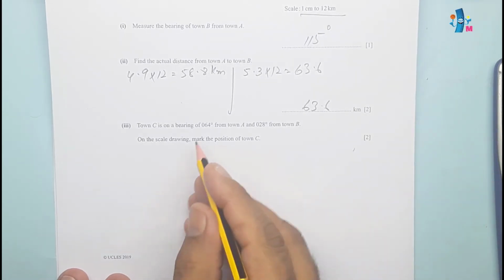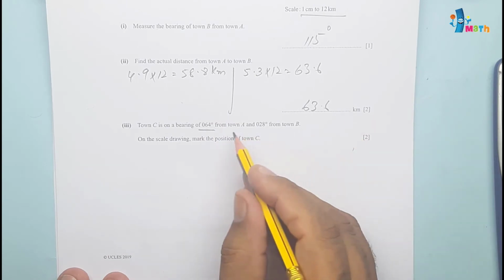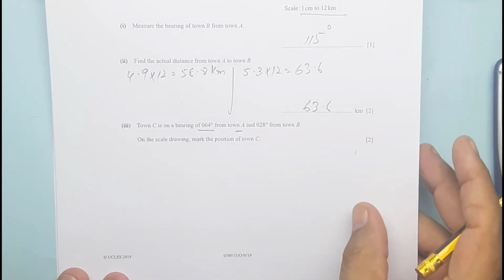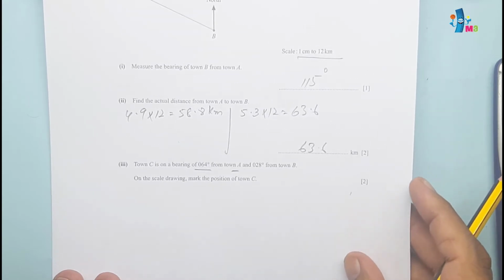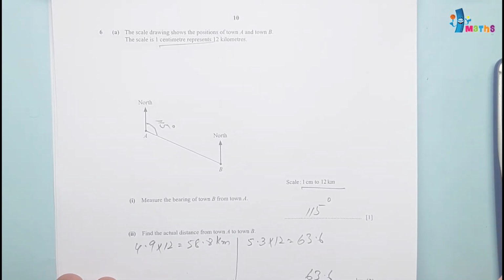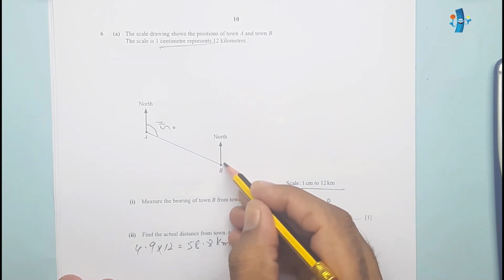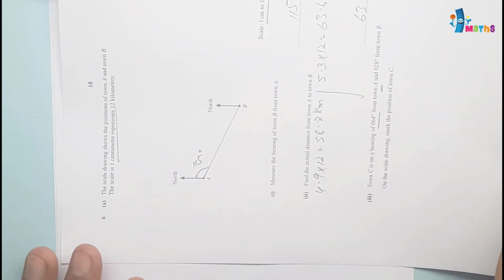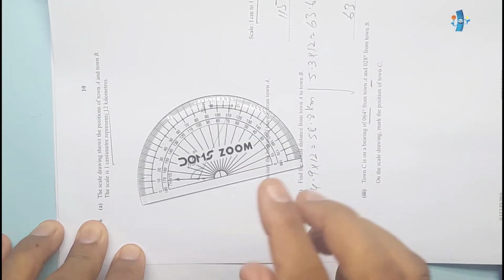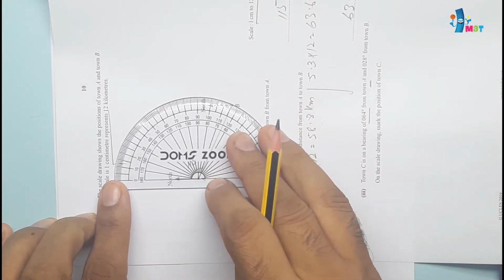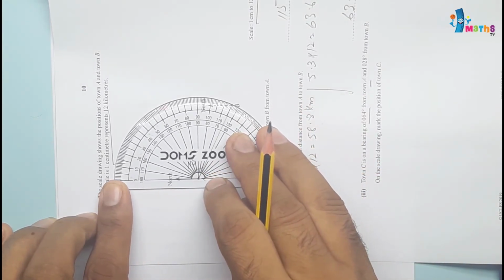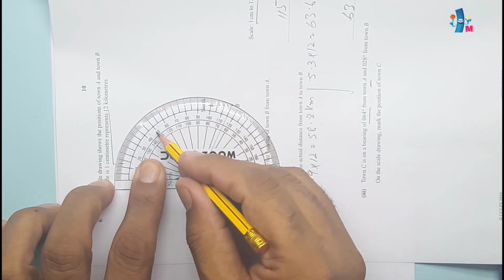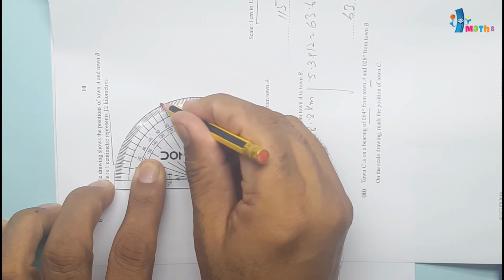Town C is on a bearing of 064 from town A. 064 means we have to draw a 64 angle at town A. This will be 64, 50, 60 and 65 and a little lesser.